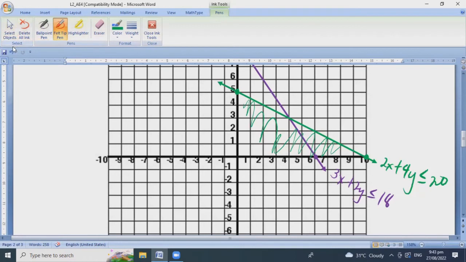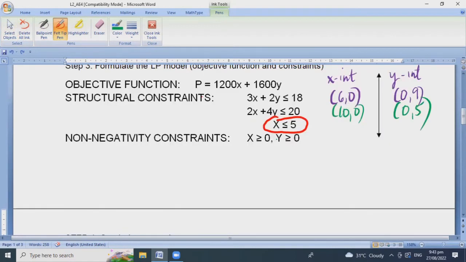Ayan. Let us now graph the one I encircled red. Yung another inequality natin dito sa structural constraint, x less than or equal to 5. So pag x lang ang hinahanap, dapat laging vertical line yung inyong graph.